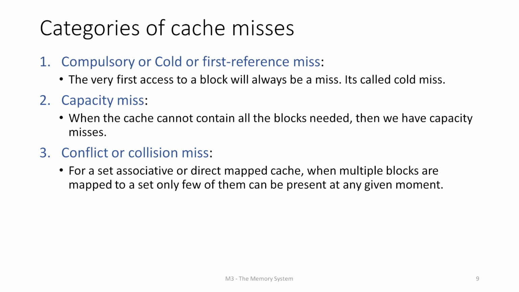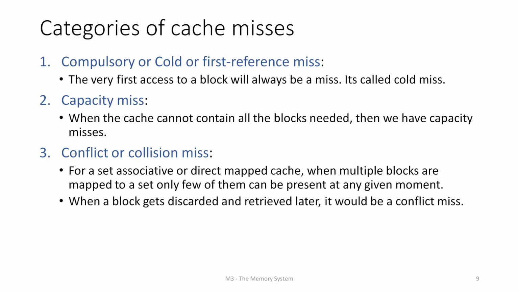So, upon a miss, if we find that the set is full, we need to remove one of them and fill in the new block. It would be a conflict miss if a block gets discarded, a victim block evicted from the cache, but there was a reference for it sometime later. If there was no reference for it, then it would be a capacity miss.